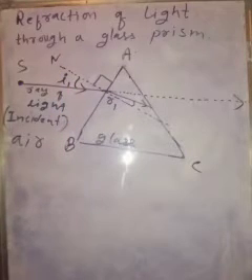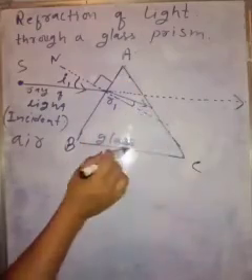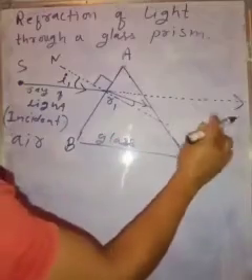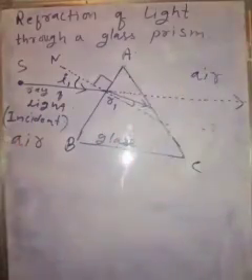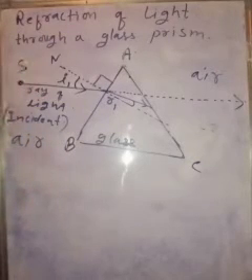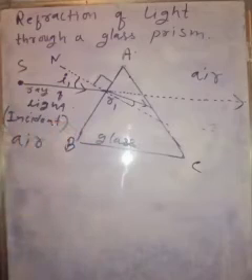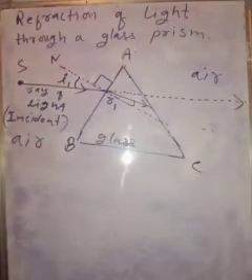Clear? Now similarly, in the other surface there is refraction. Now it will go outside, again towards air. First from air to glass, then glass to air. First rare medium, denser medium, and again rarer medium.